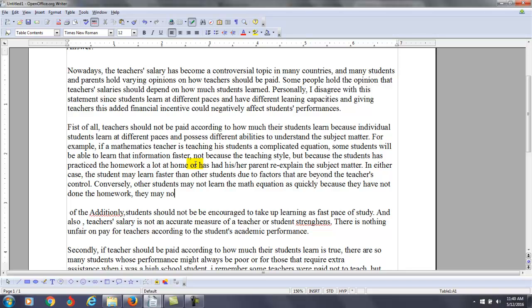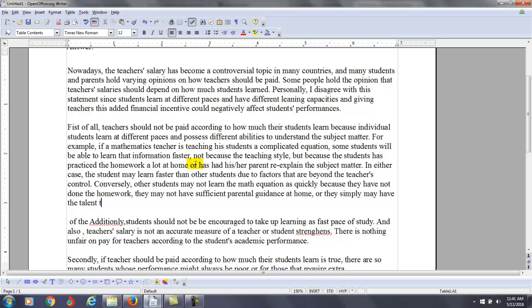They may not have sufficient parental guidance at home, or simply may not have the talent to grasp... you might say something like this.